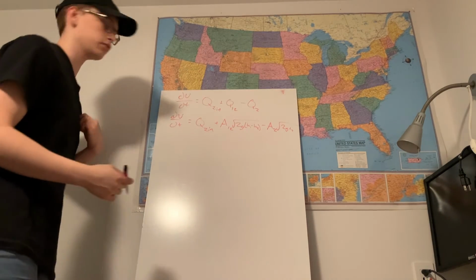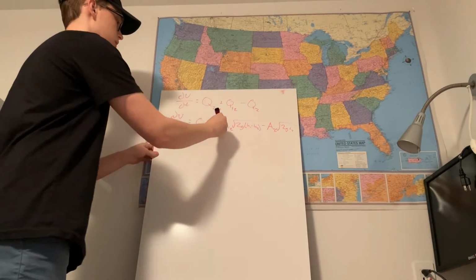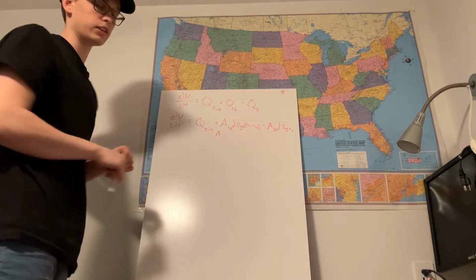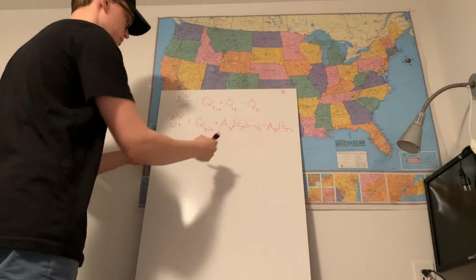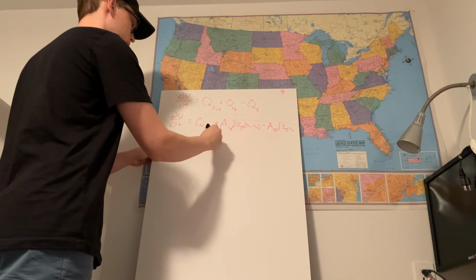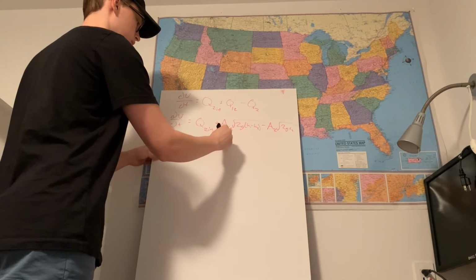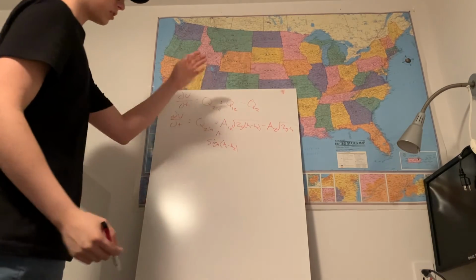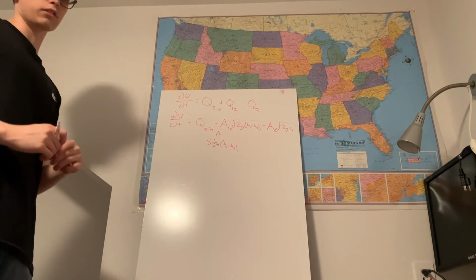And again, taking into account that H2 could in fact be at a higher level, we'll do the sine function of H1 minus H2, so that if it is greater, then we're looking at a different equation here.